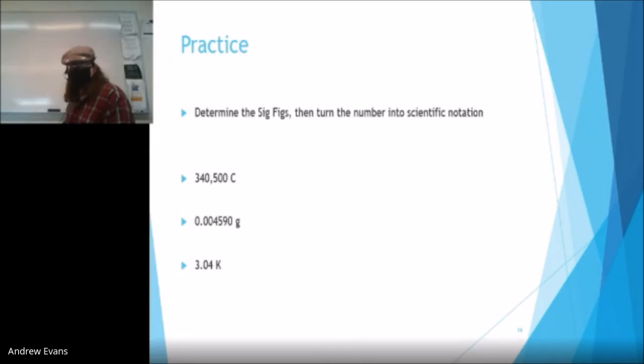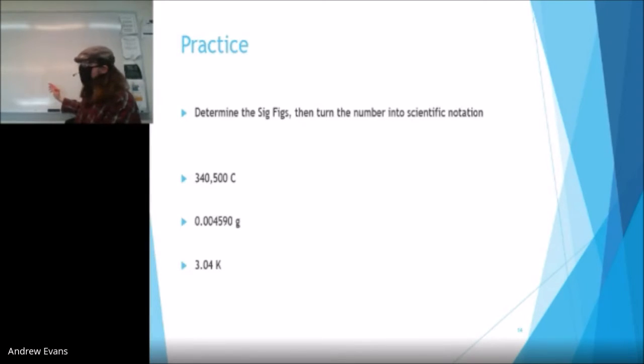So with no decimal, we look to the last non-zero number and we move left. The last non-zero number is 5. Every number to the left of 5 is something we want to keep. Every number to the right of 5 is one too many, something we will lose. So how many significant digits do we have? 1, 2, 3, 4.